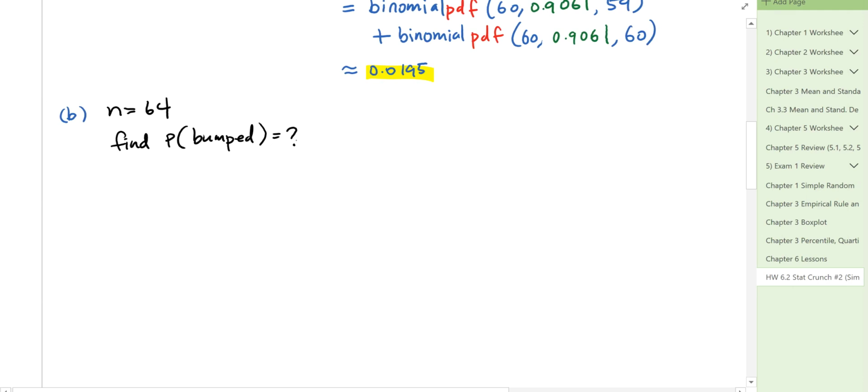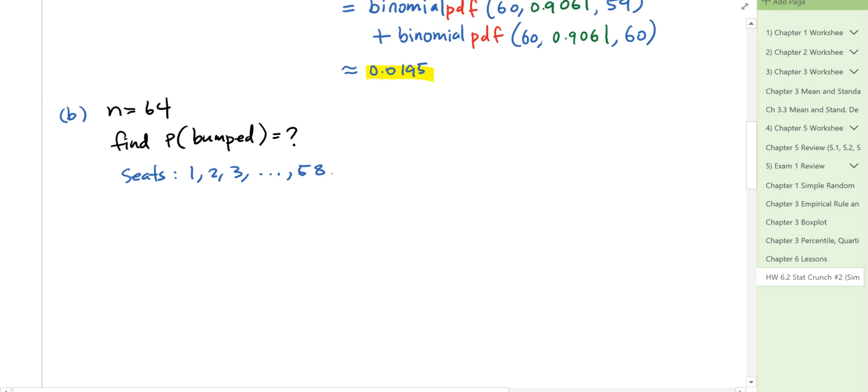Well, let's try to understand the problem. We know that there are 58 seats available. If the number of passengers who show up is between 1 and 58, then we're okay. So 1, 2, 3, all the way up to 58, no one is going to be bumped if 58 show up.